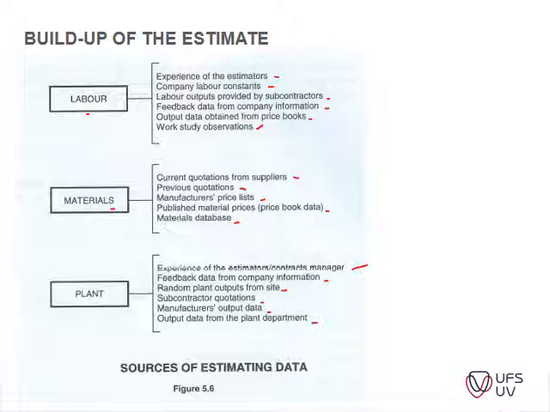So on this project, it will maybe be needed for an hour. It has a cost of 6,000 Rand per day, depending on the size of the excavator. And then you can calculate, okay, this will be the cost of excavating this section.